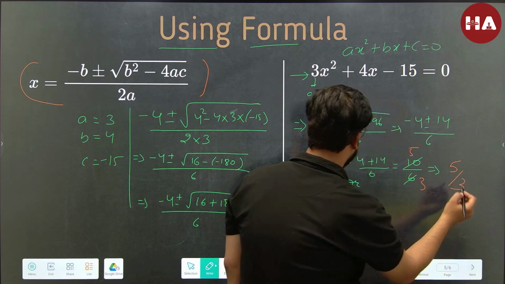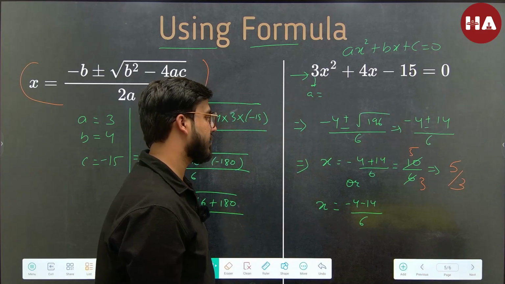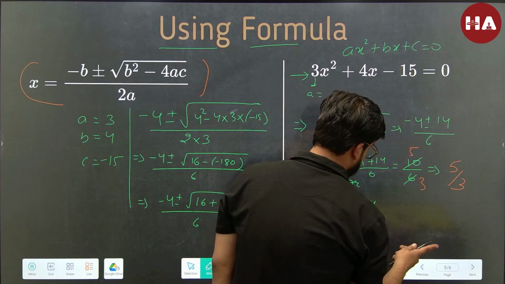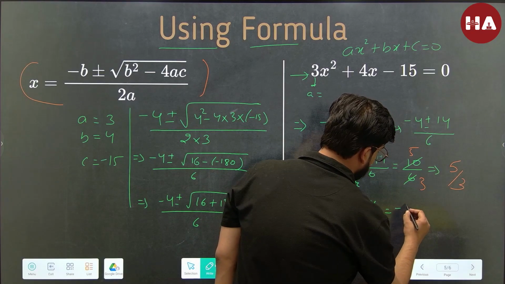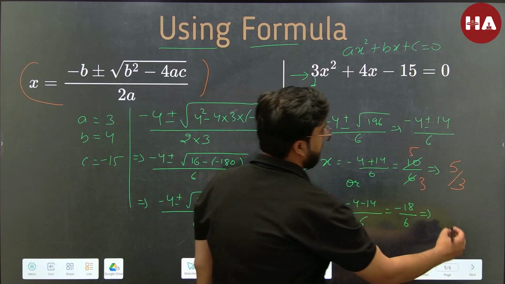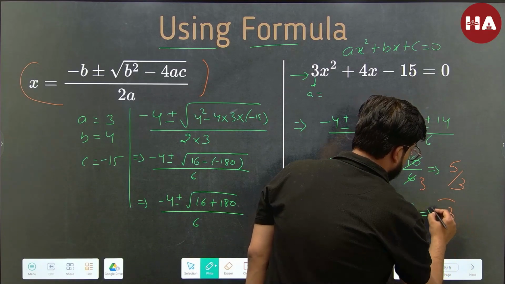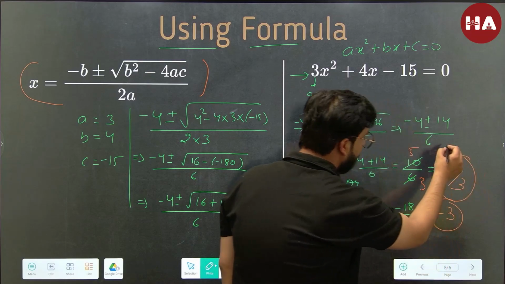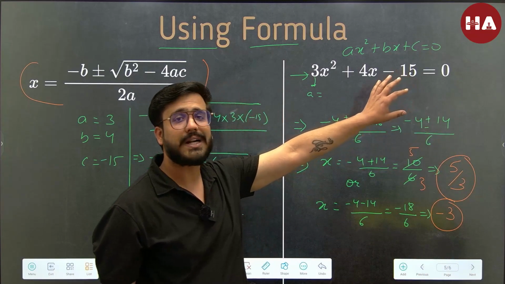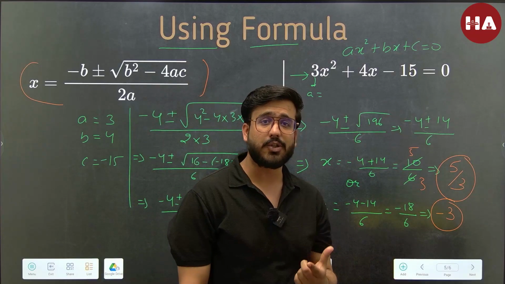So the first value for x is coming to be 5 over 3, or we have to solve for this also. This will be negative of 18 over 6. So the value is coming to be negative of 3. What are these, students? These are also called the zeros of the quadratic equation. What does zeros mean?